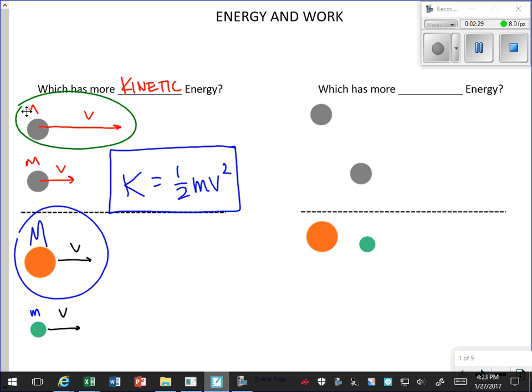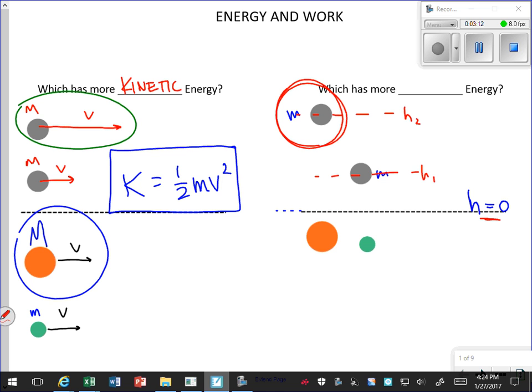If we take this to be some place that we're calling height 0, these two objects are located at different heights. Maybe we'll call this height 1, and we'll call that height 2. Relative to height 0, this object has more energy associated with its position. Or really, the better thing to say is the Earth and this object have a greater energy due to their respective positions.